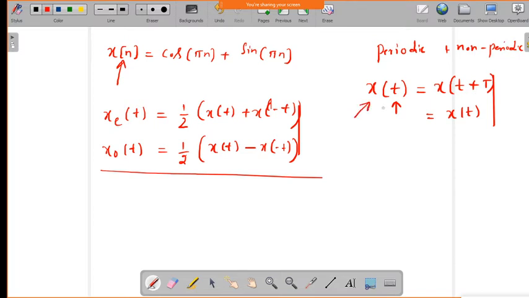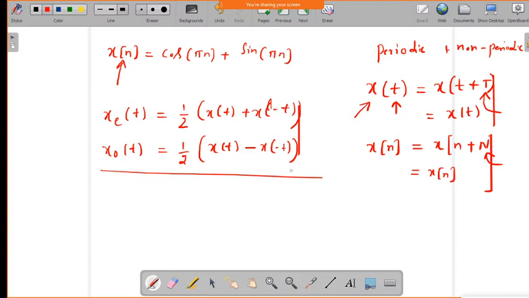Similarly, in the discrete time case, if x of n equals x of n plus N, and you get the same signal x of n, then it is a periodic signal. This T is called the fundamental period in the continuous time case, and this N is called the fundamental period in the discrete time case.